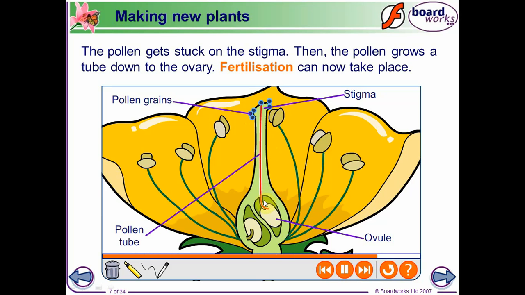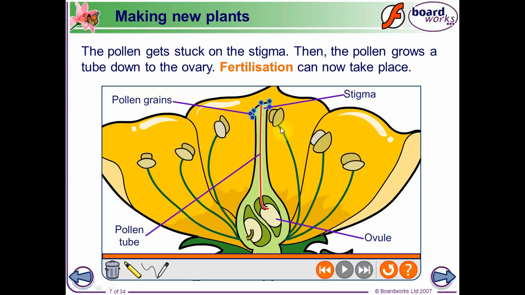This pollen tube starts to move inside the stigma till it reaches the ova inside the ovary, and it makes something called fertilization. What is fertilization? Fertilization is the connection between the male cell and the female cell.